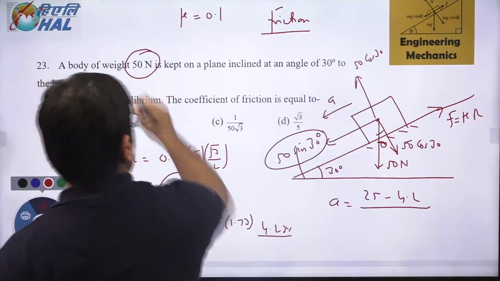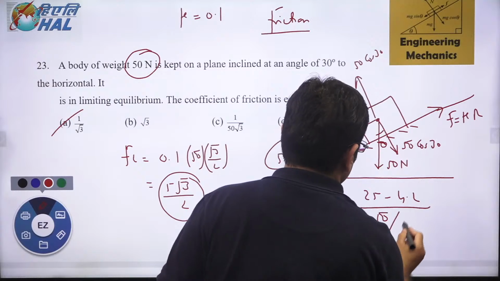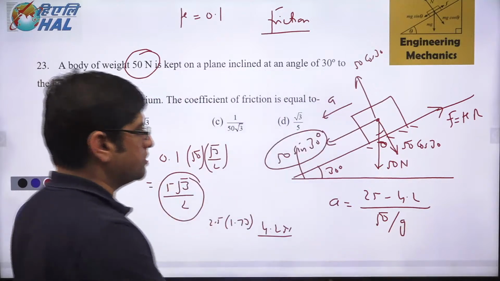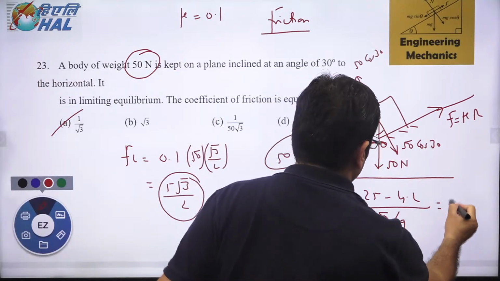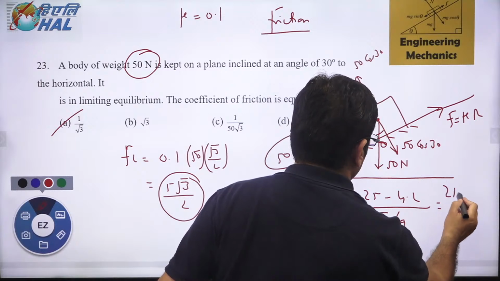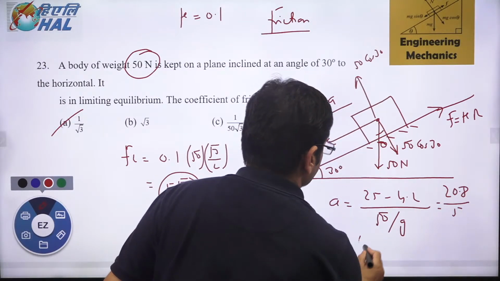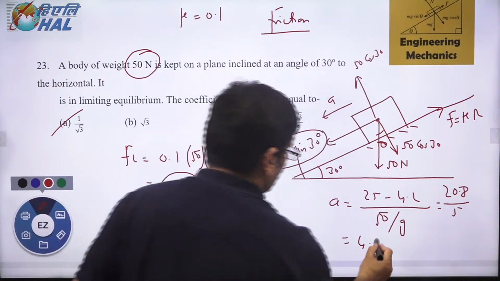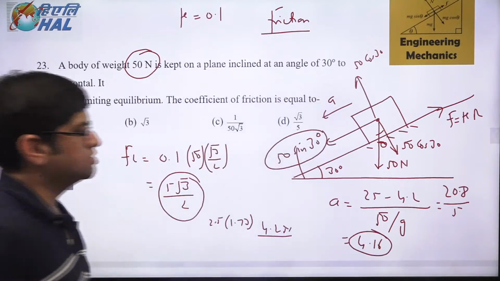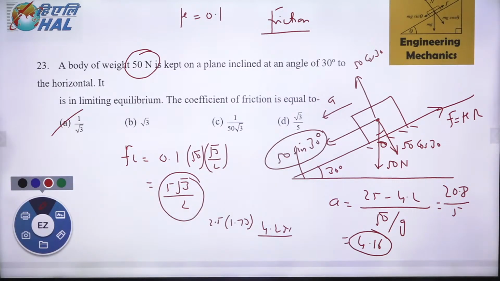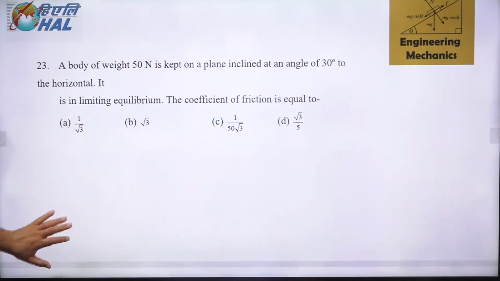So mass of this body is nothing but 50 over g, or approximately we can say 5. So that will be equal to 20.8 over 5, so that is 4.16 meter per second square. That is the acceleration of this particular inclined body. So you can find out the acceleration also of this particular body, right?